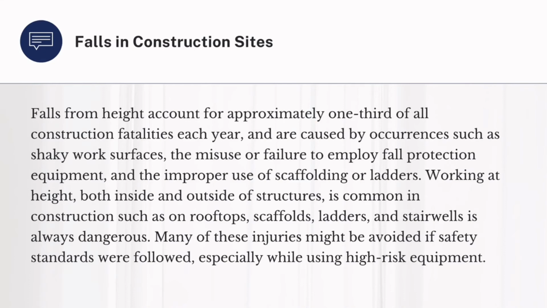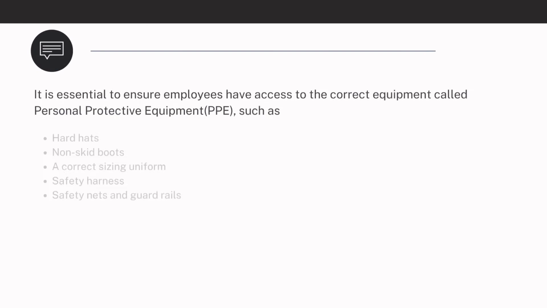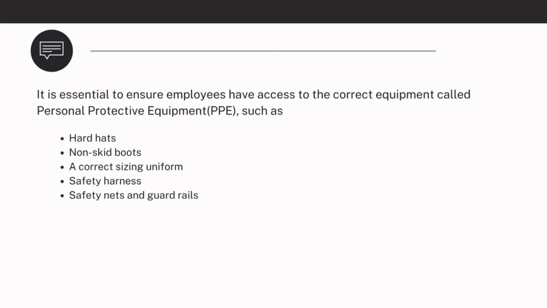Many of these injuries might be avoided if safety standards were followed, especially while using high-risk equipment. So it is essential to ensure the employee has access to the correct equipment, called PPE, such as a hard hat, non-skid boots, correctly sized uniform, safety harness, safety net and guard rails.